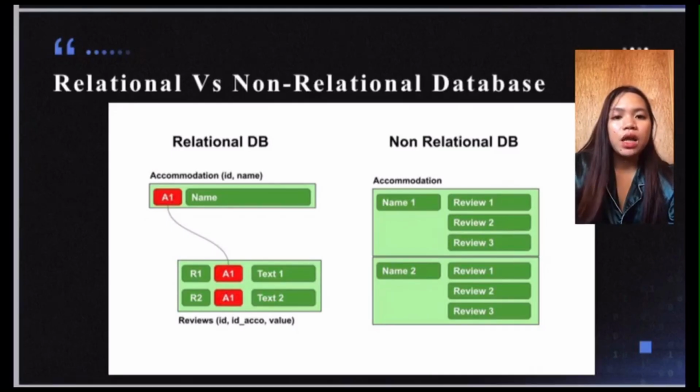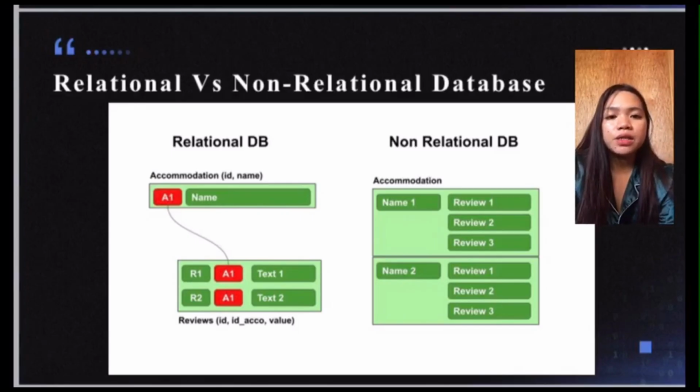In contrast, non-relational databases, also known as NoSQL, provide flexibility and scalability by storing data in various formats like documents or key-value pairs. While relational databases excel in structured environments, non-relational databases shine in handling large volumes of unstructured or semi-structured data, making them suitable for modern, agile applications.